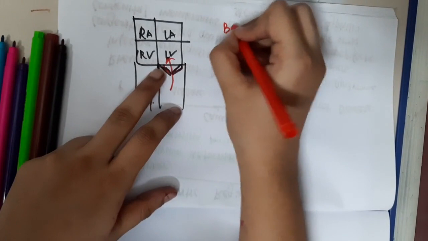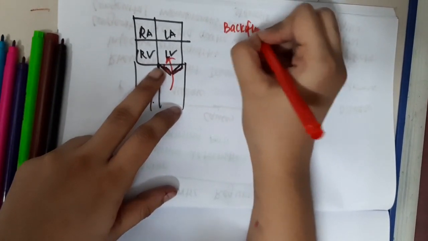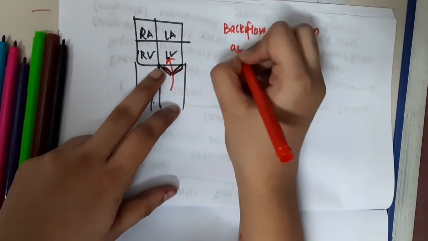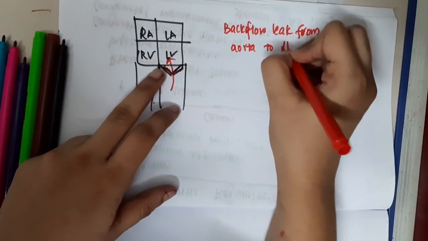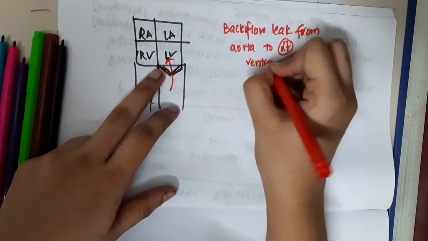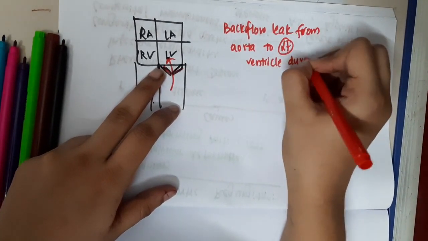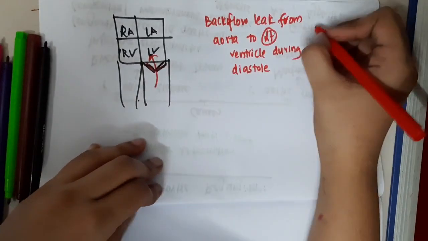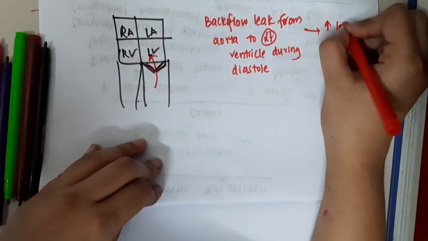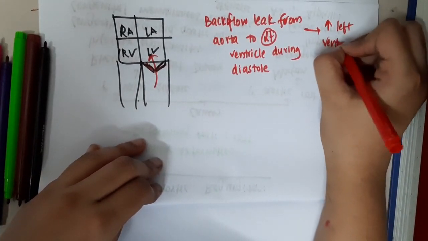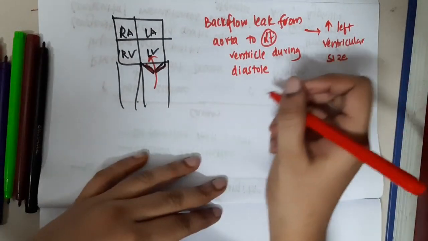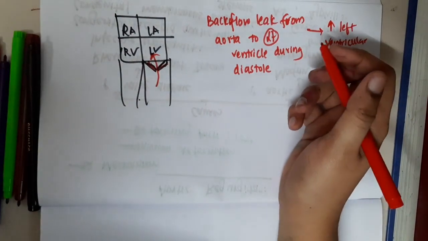This occurs during diastole. Because of this, there will be increase in left ventricular size, to accommodate the extra blood flowing.